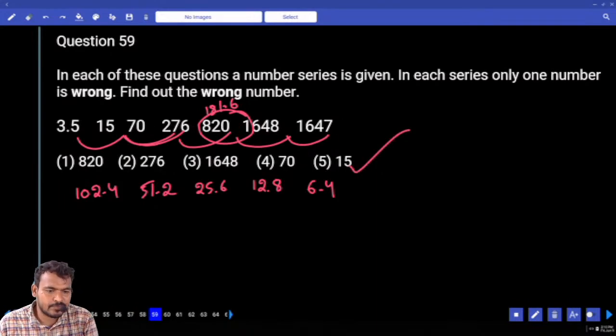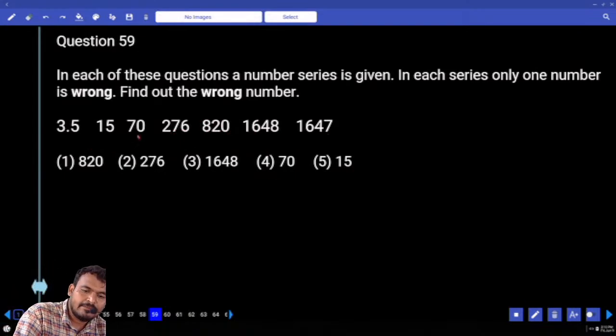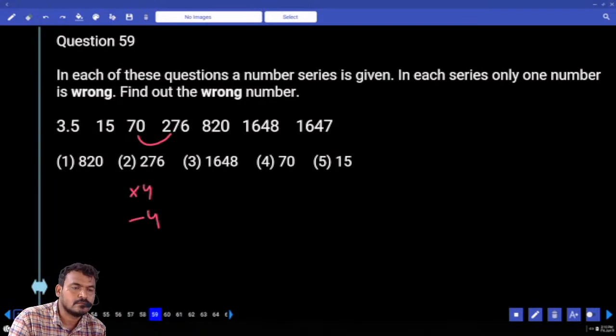Next question number 59. 70 becomes 276 into 4 minus 4, or not? Next 15 to 70 into 5 minus 5, or not. Next 3 and half to 15. Obviously here into 6 minus 6, or not.